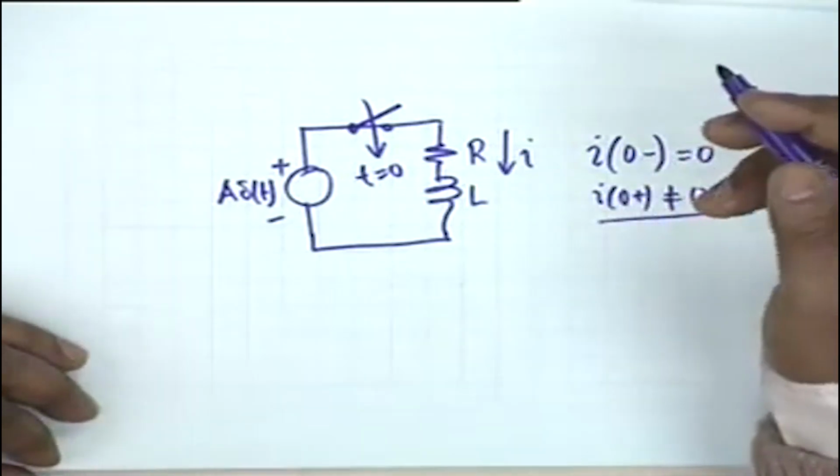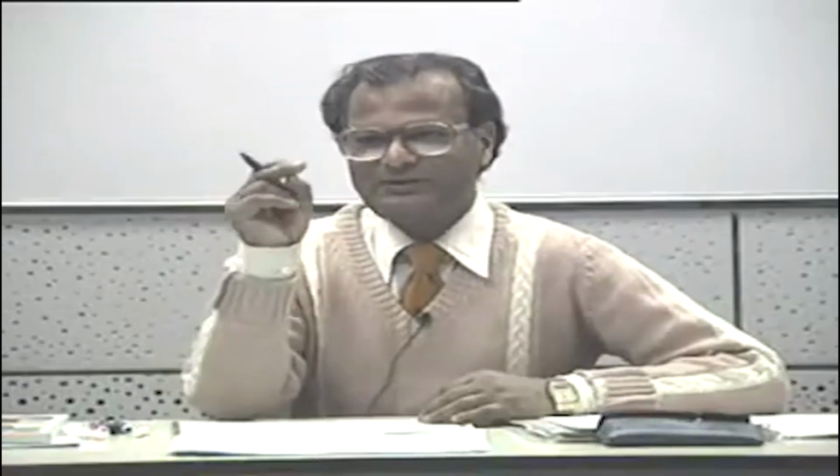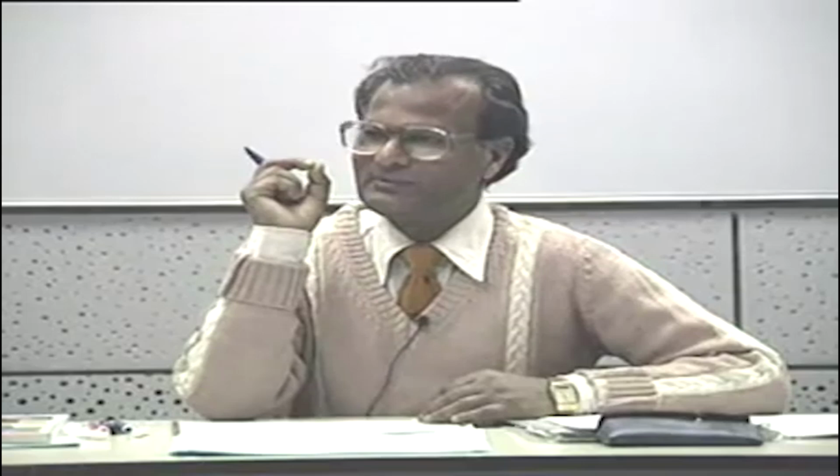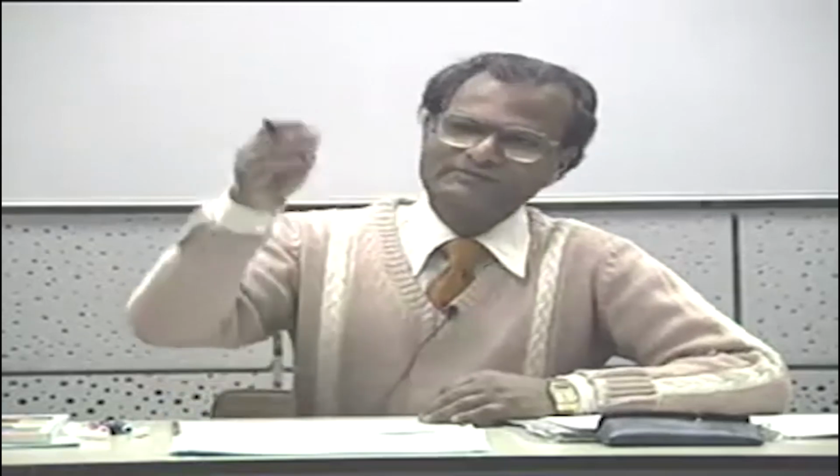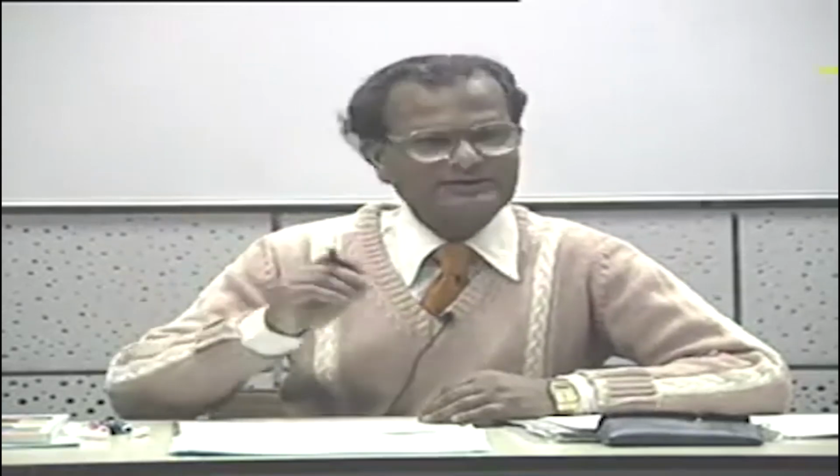because we are giving a voltage which exists only for an infinitesimal amount of time. It may be infinitely large, but the current cannot go to infinity. Current must be finite.